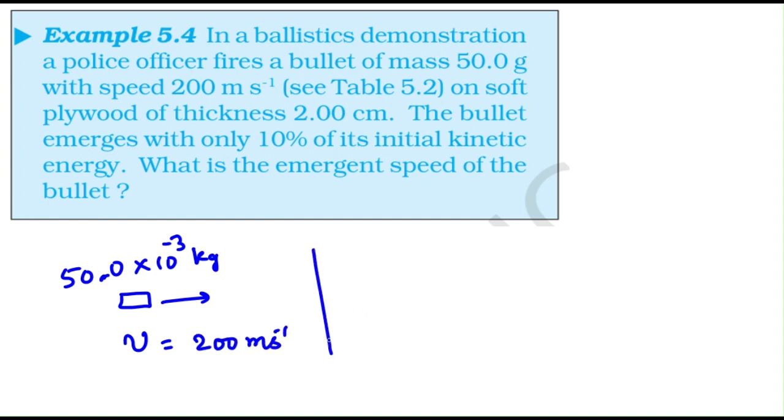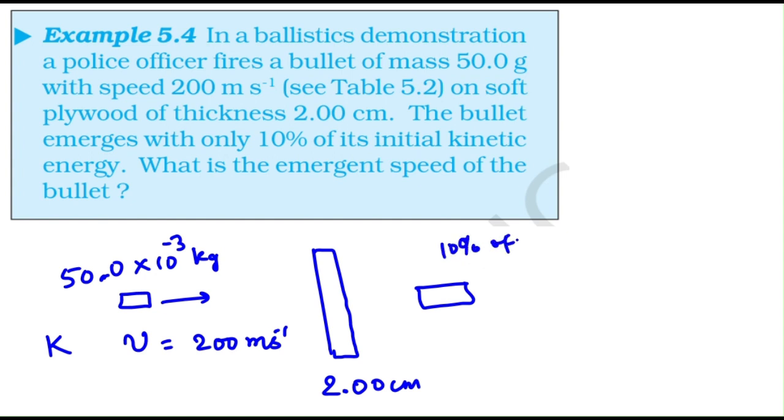It passes through an obstacle of thickness 2.00 centimeter, and then what happens after it passes through the obstacle? Its kinetic energy is reduced to only 10% of its initial kinetic energy. So if the kinetic energy here is K, here it has kinetic energy of only 10% of K, or K by 10 only.